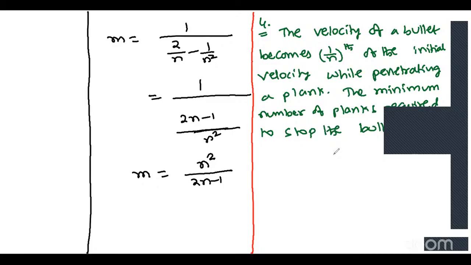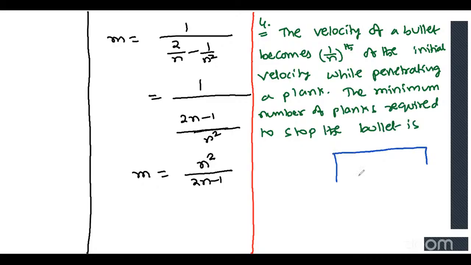Suppose this is the wood. In this, we are having the planks like this, same as before. Here we are having a bullet moving with initial velocity u.